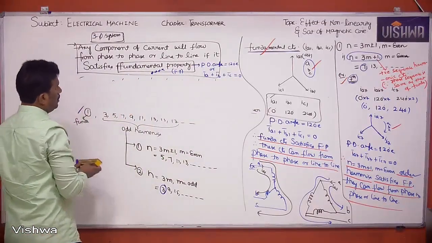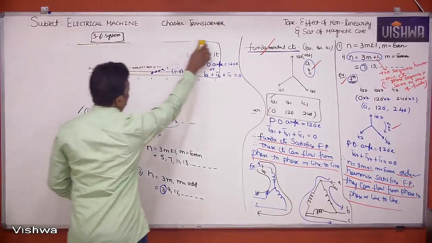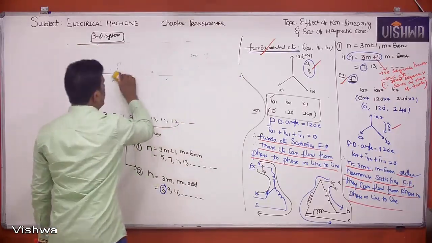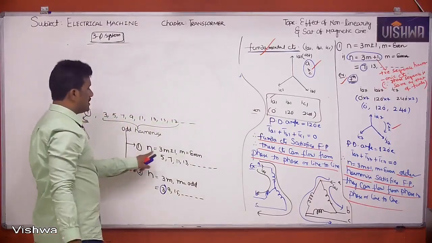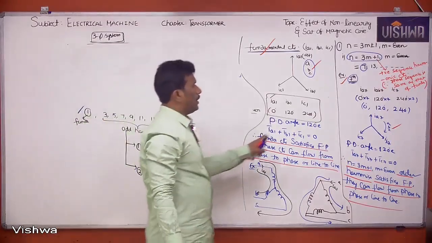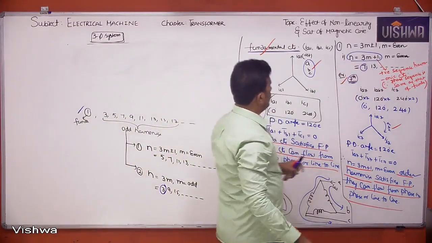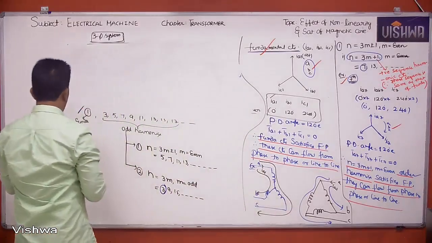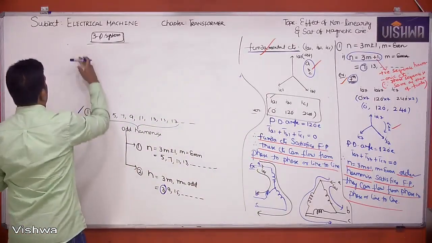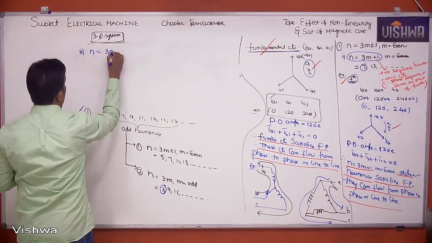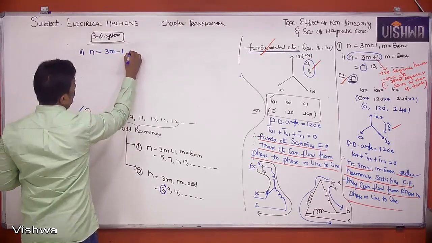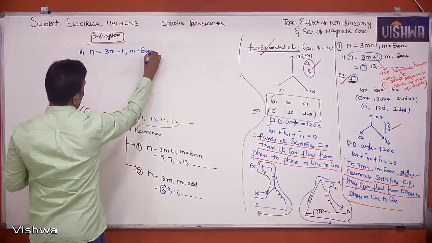Now observe clearly. We completed fundamental currents, and in n equal to 3m plus or minus 1, we completed n equal to 3m plus 1. Now go for n equal to 3m minus 1, where m is an even number.